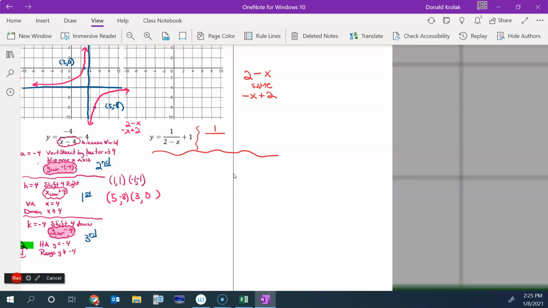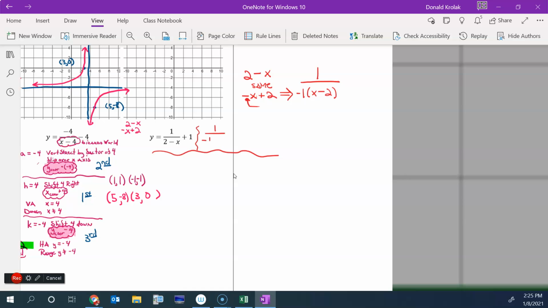Now, when we're writing these equations, or these functions, I always want the coefficient on the x to be a positive one, not a negative one. So before I write this into the equation, I'm going to factor out a -1, and I'm left with x minus 2. Now, when I write it like that, it's going to reveal what the true transformations are.